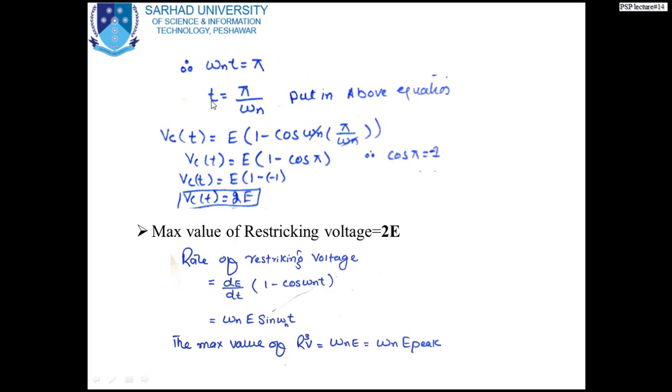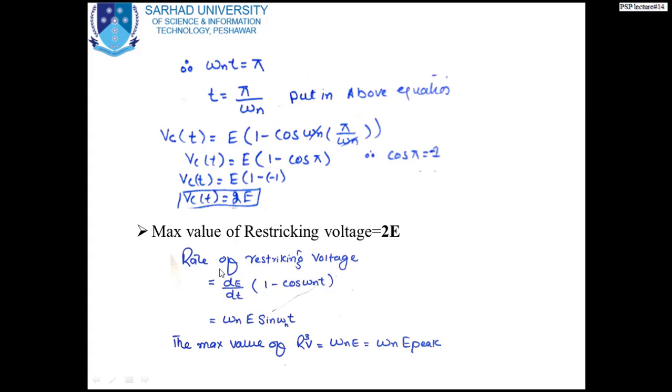So V_C(t) is equal to E times 1 minus cosine of pi, and cosine of pi is minus 1. So V_C is E times 1 minus minus 1, which is 2E, twice the applied voltage. So the maximum value of restriking voltage is 2E.